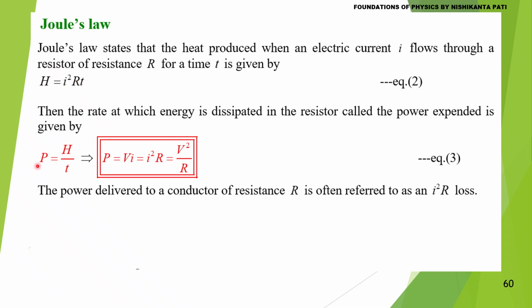The power, which is the rate of energy dissipated, is heat by time. So power is VI equal to I square R equal to V square by R. This power consumed in the resistor is often called I square R loss.